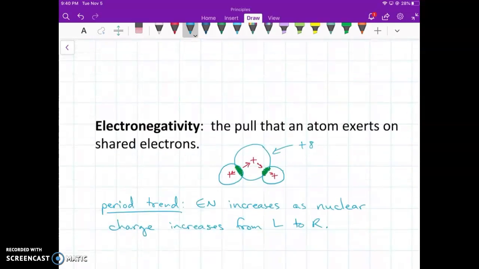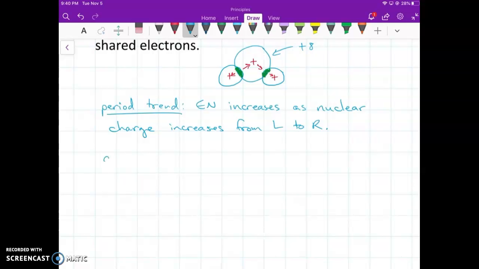So that brings us to our group trend, and that is that EN decreases as size increases down a group.